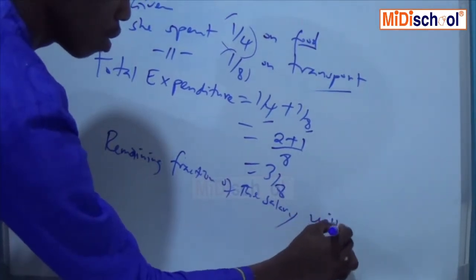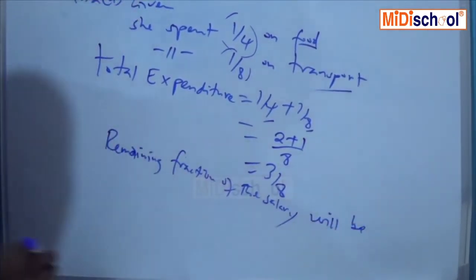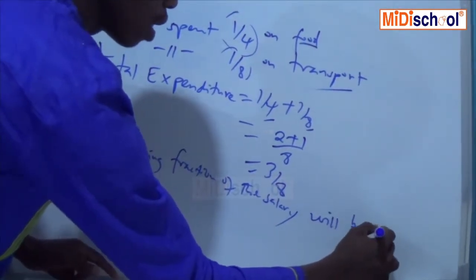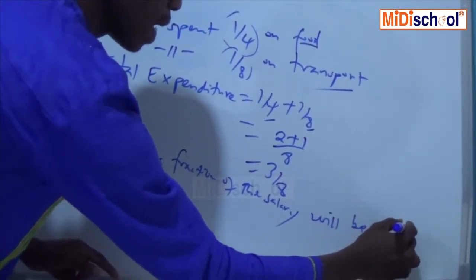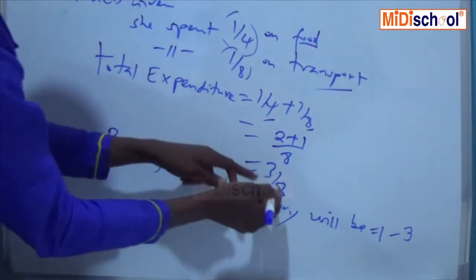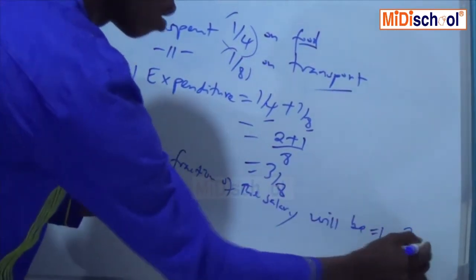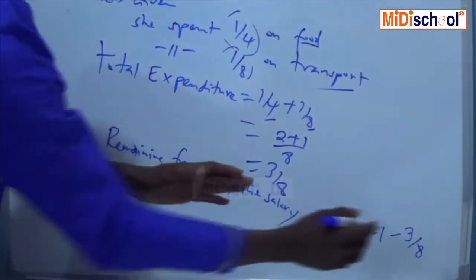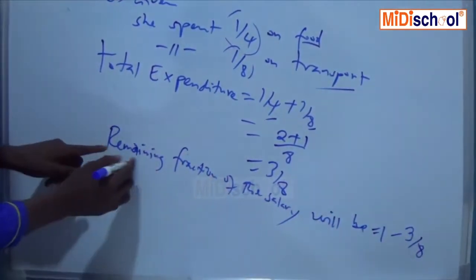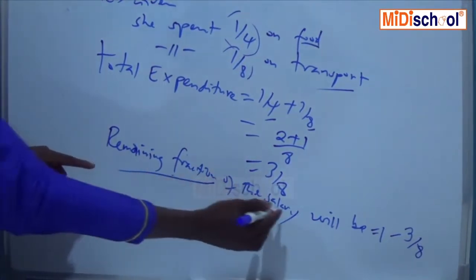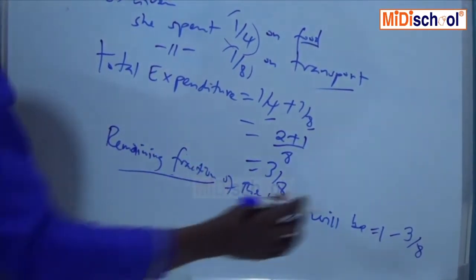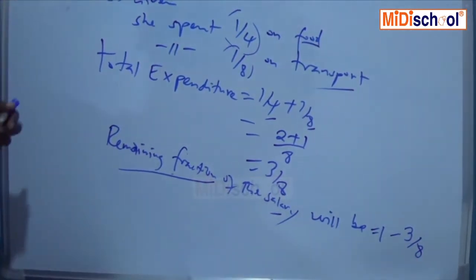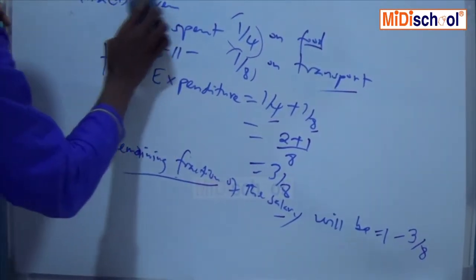It will be 1 minus the total expenditure, which is 3/8. So 1 minus 3/8 is going to be the remaining fraction of the salary. So what is it? 1 minus 3/8. Let me write it here so that we can see it clearly.